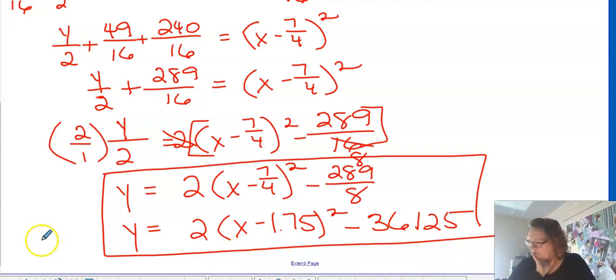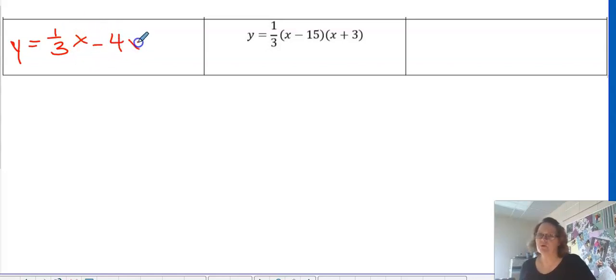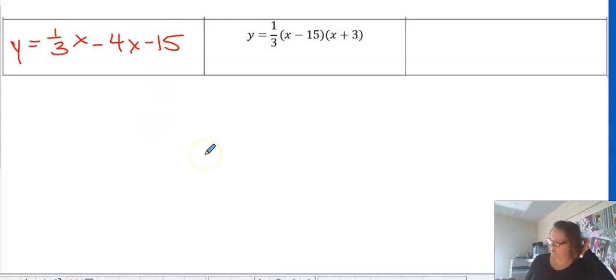Let me see if we had another one that was... Okay, so this one ended up being y equals 1/3 x squared minus 4x minus 15. We could do that one.